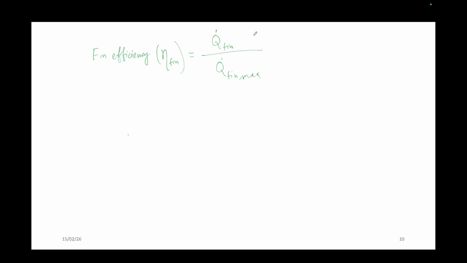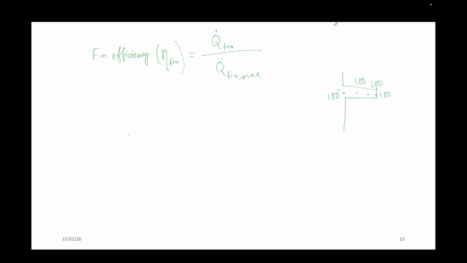And if you talk about this Q fin max, it is the heat transfer if the entire fin is at the base temperature. I'm giving you an example. Say this point is at 100 degrees. If this point is also at 100 degrees, and this point is also at 100 degrees, in that case you will get the maximum Q fin.